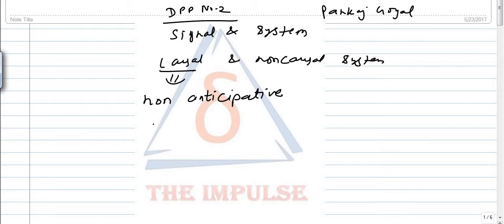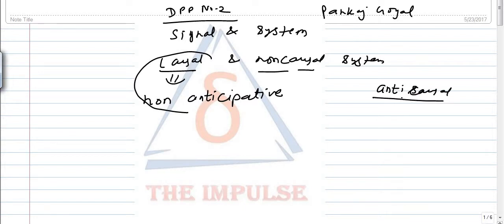We will talk about when a system is called causal, when it is called non-causal, and sometimes another form, the anti-causal system. After that we will discuss the question of DBP number 2, which was uploaded on the 23rd today on our Facebook page, The Impulse.